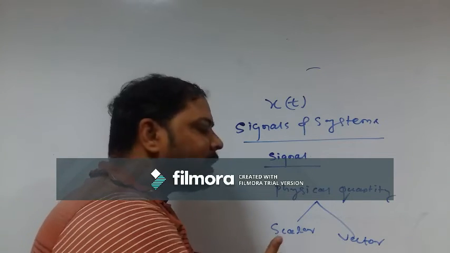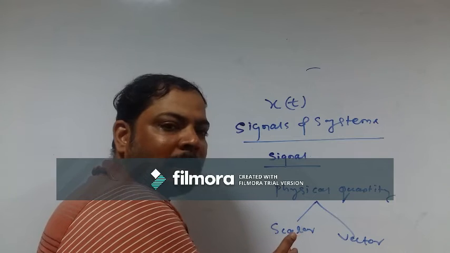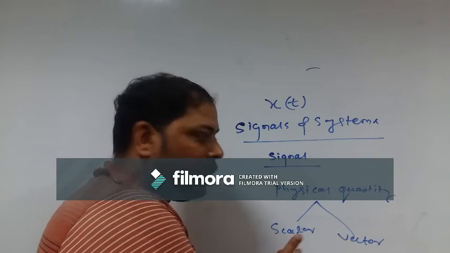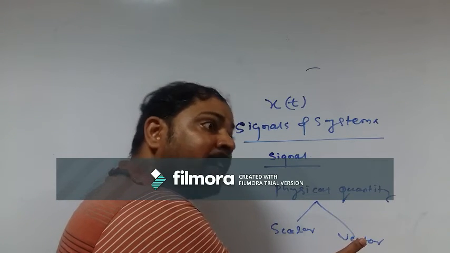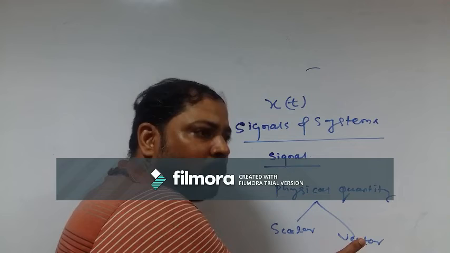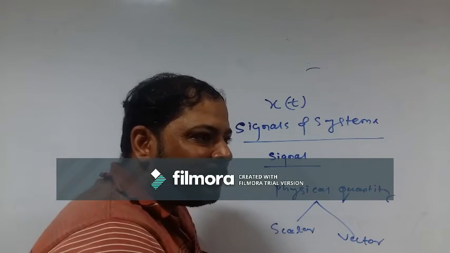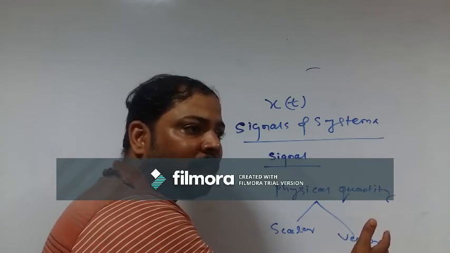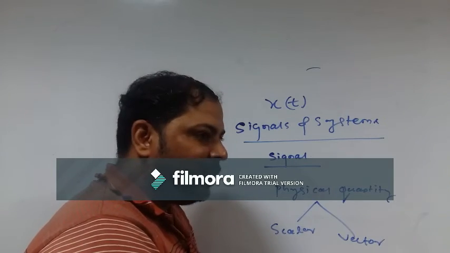The physical quantity may be scalar, may be vector. A scalar quantity you can express only by magnitude: length, mass, time, temperature, potential. A vector quantity you can express not only by magnitude but also with a direction, for example force, electric field intensity, magnetic field intensity, etc. So whatever the physical quantity may be, scalar or vector, if it depends on time, then that is basically a signal.